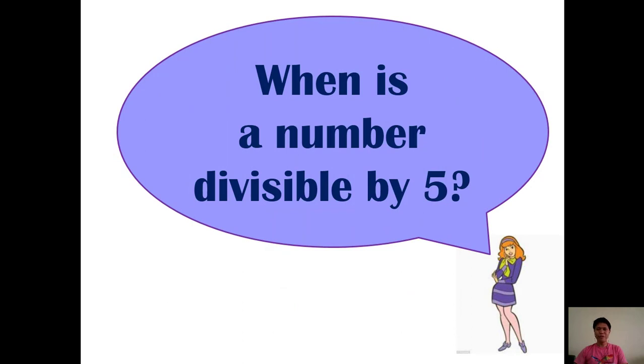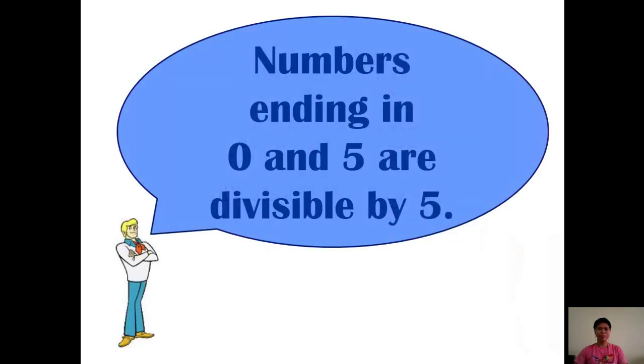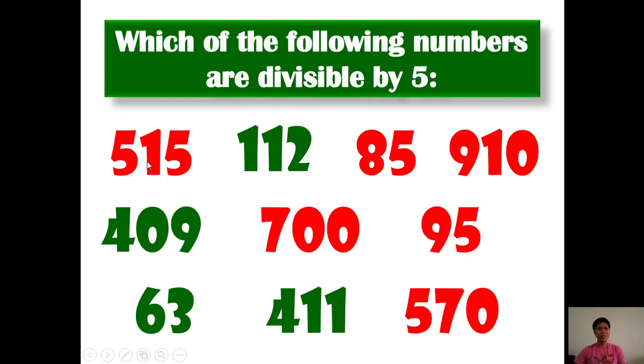So, when is a number divisible by 5? Numbers ending in 0 or 5 are divisible by 5. Very easy to remember that. Since this one ends with 5, this one ends with 5, this is 0, this is 0, it's 5, and this is 0. Therefore, they are divisible by 5.